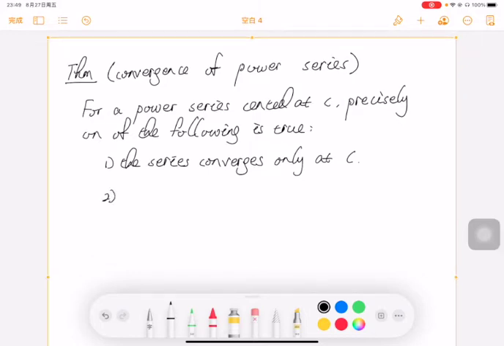Or, let me just phrase it the same way the book does.